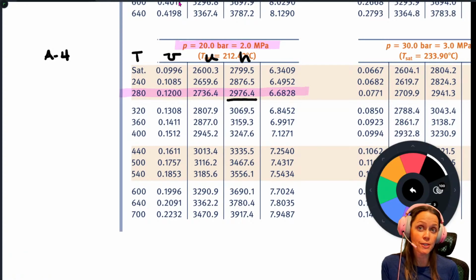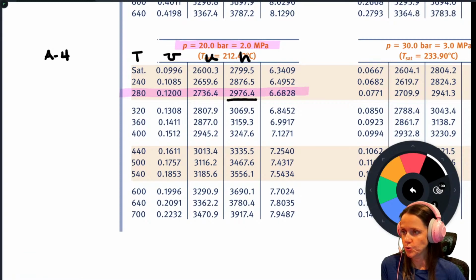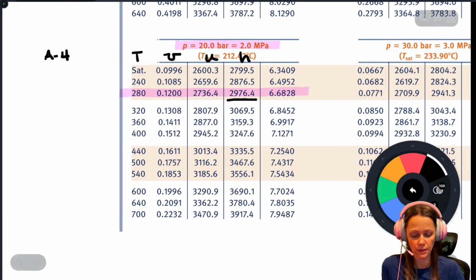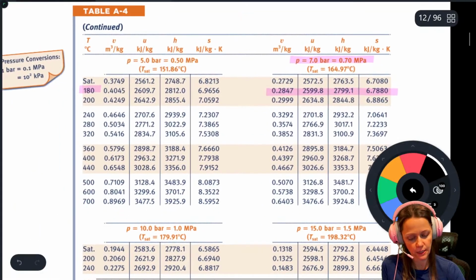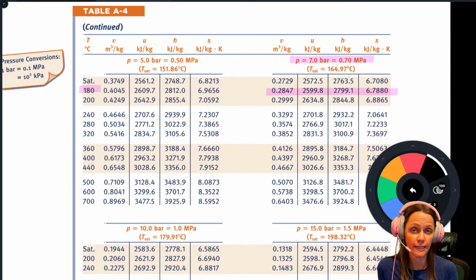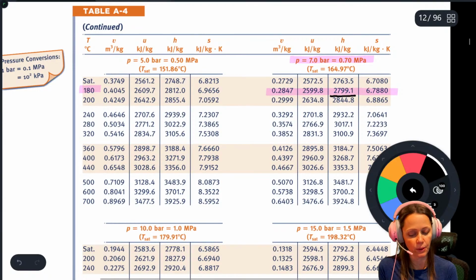And then we could go through a similar exercise with state 2. State 2 is 7 bar and 180 degrees Celsius. You can go to your saturated tables and figure out it's superheated as well. So also in table A4, you can see it's 7 bar and 180 degrees Celsius. There's your h value, 2799.1.